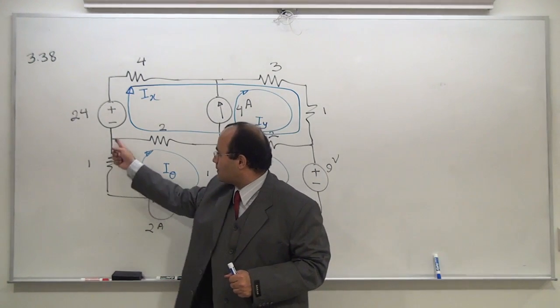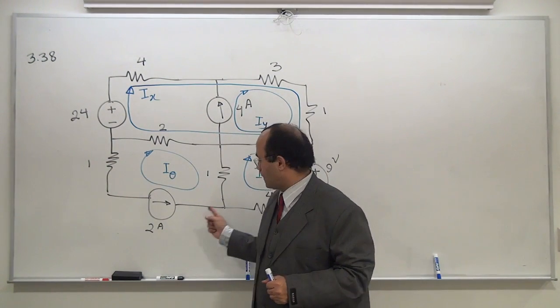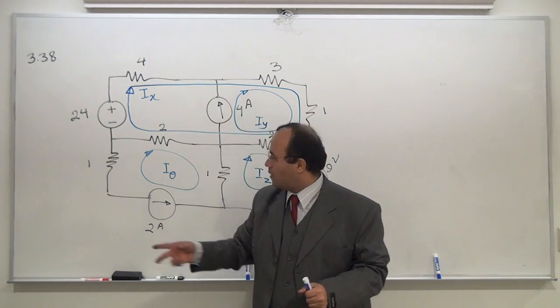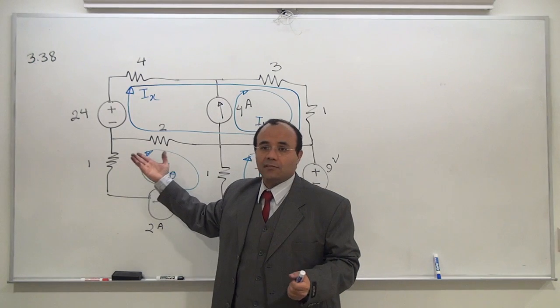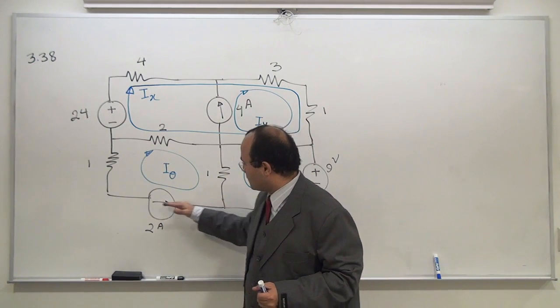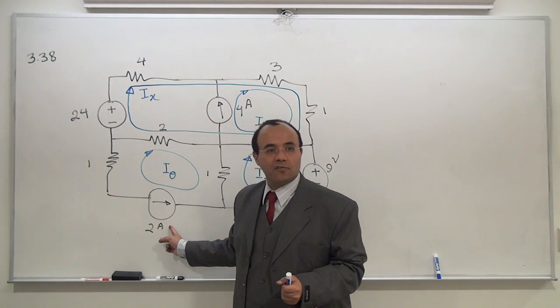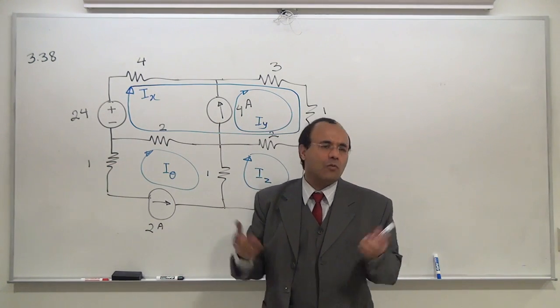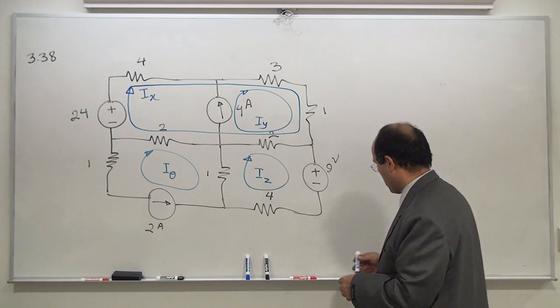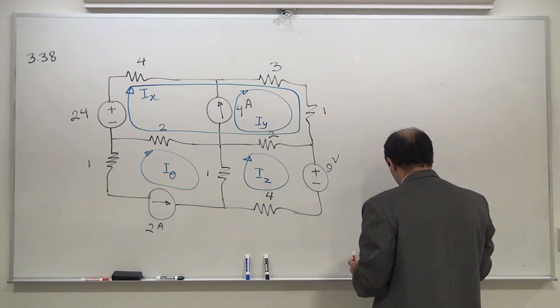This 2 amp says that this branch is mine: the current of this branch is 2 amp. So whether this 1 ohm exists or not really doesn't matter. You can replace this branch with only a current source of 2 amp, and this 1 ohm can be shorted in that sense. But I don't want to do that. Let's leave it at this, because someone has an interest in that.